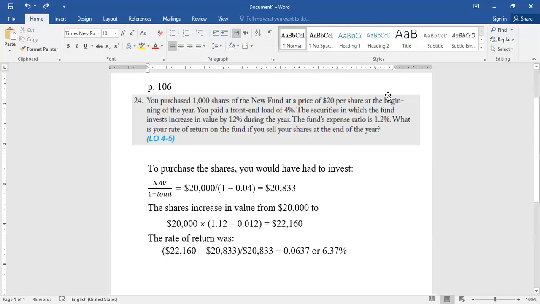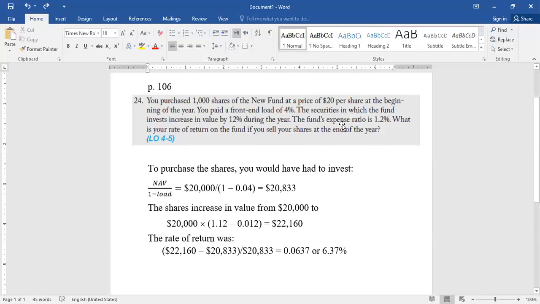Now, the question states that I'm going to sell my shares at the end of the year. What happened during the year? The securities in which the fund invests had an increase in value by 12% during the year.